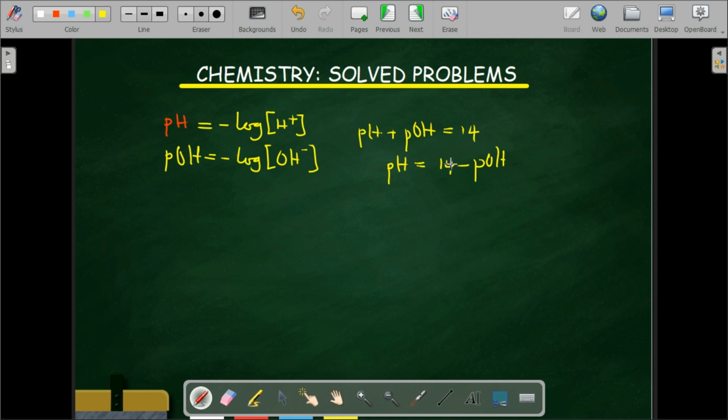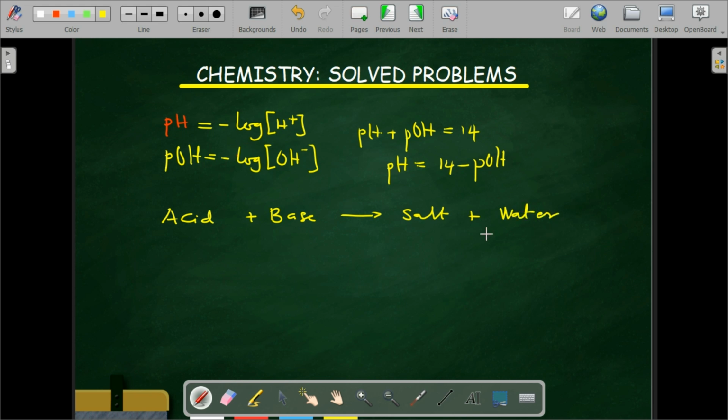Now, having discussed the concepts around pH, another very important thing that we need to look at is the neutralization reaction. We know generally when an acid combines with a base, it produces a salt and water.